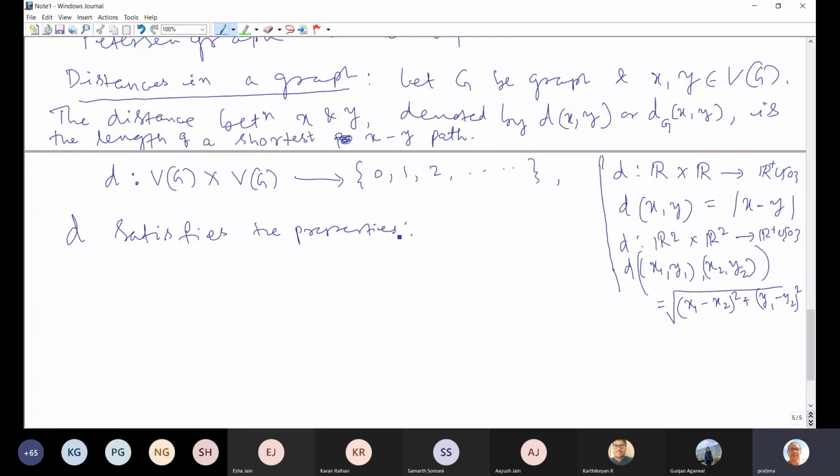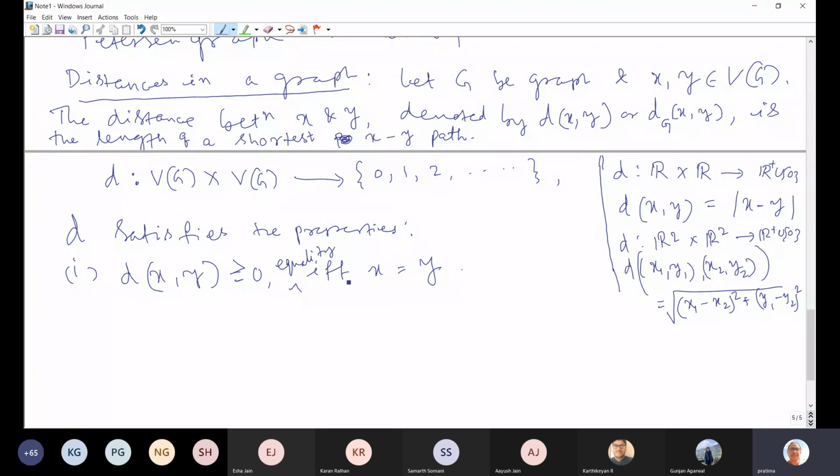First, the distance between x and y is greater than or equal to 0, and this inequality is an equality if and only if x is equal to y.